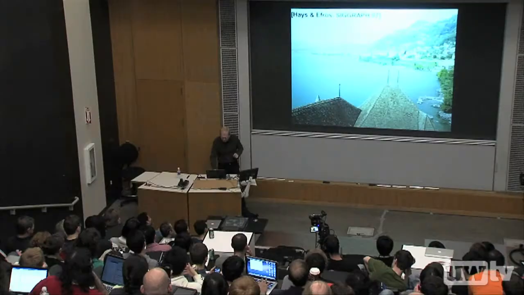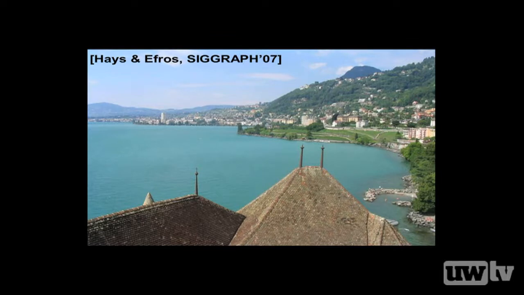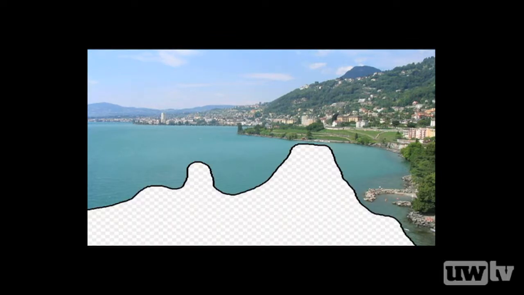We have done one work with my former student, James Hays, that tries to do this in the context of graphics. Let's say we have an image, and let's say we don't like a piece of it, so we erase it with a Photoshop brush. Now we have an image and we have a hole. Can we fill this hole with something that looks reasonable?